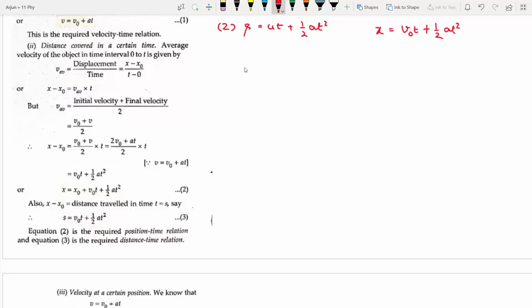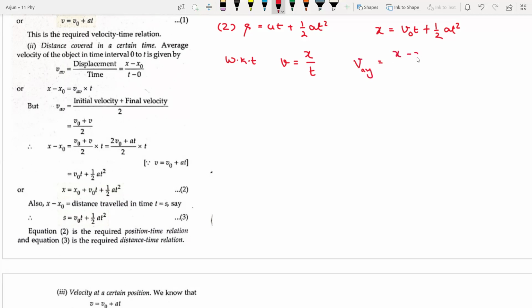Okay, we know that velocity is nothing but displacement by time, isn't it? If you take average velocity, it becomes v avg. Whenever you find average, it is final minus initial.